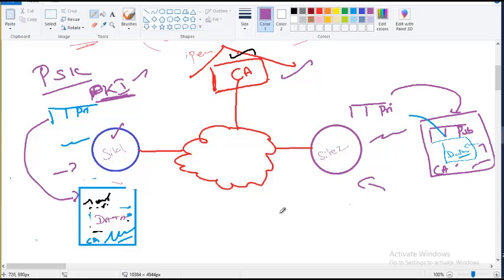The CA server will evaluate and put a signature, and the signed certificate will be downloaded using HTTP or HTTPS. For this, you need to enable the HTTP server so it can be downloaded. The downloaded certificate will be used for phase one key exchange.